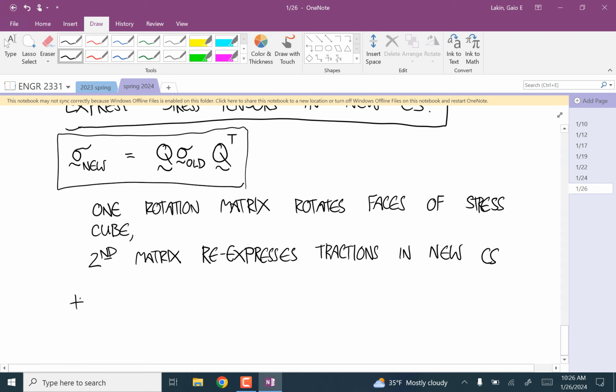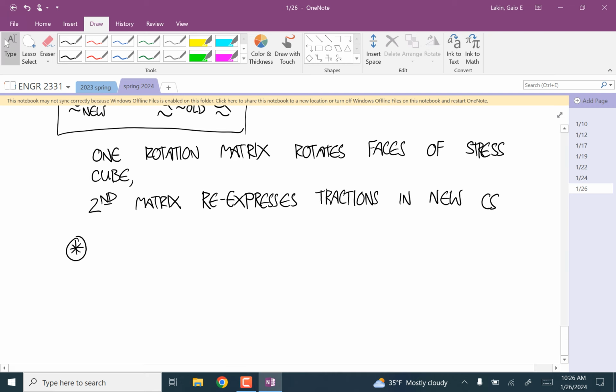One thing that's interesting about this, somebody asked me about transpose versus inverse before. I guess it was when we were talking about the compliance matrix. Notice that a rotation matrix is an orthogonal matrix.